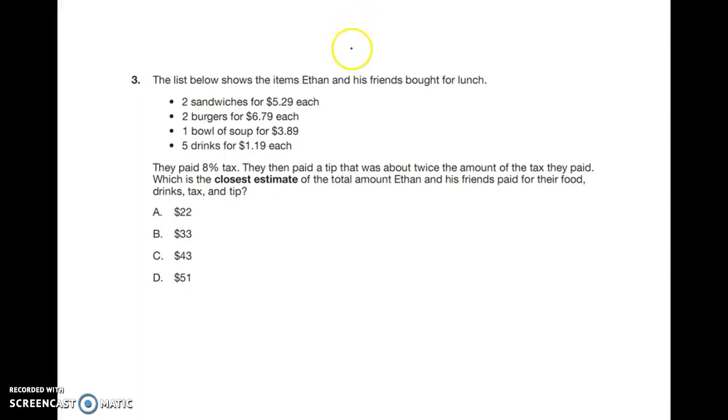The 2 sandwiches for $5.29 each, an estimate of that might be $10.50. 2 burgers for $6.79 each, so about $6.75 times 2, so $13.50 might be a good estimate for that one. 1 bowl of soup for $3.89, let's just round that up to $4.